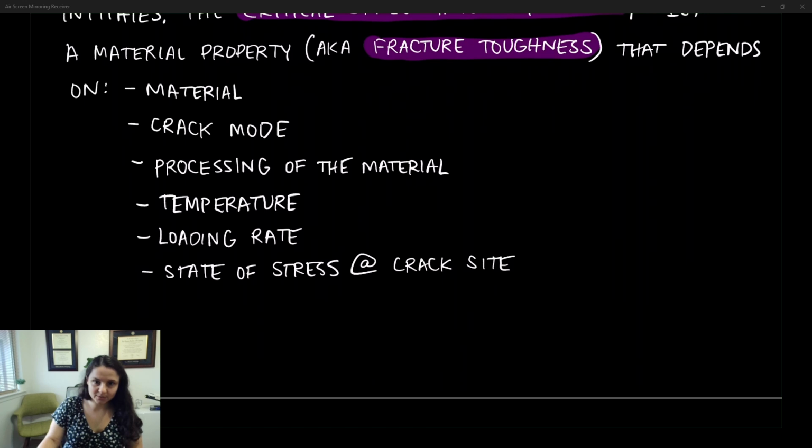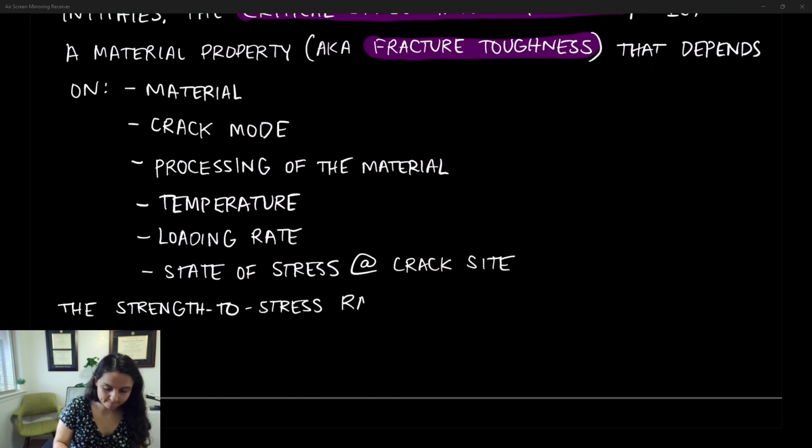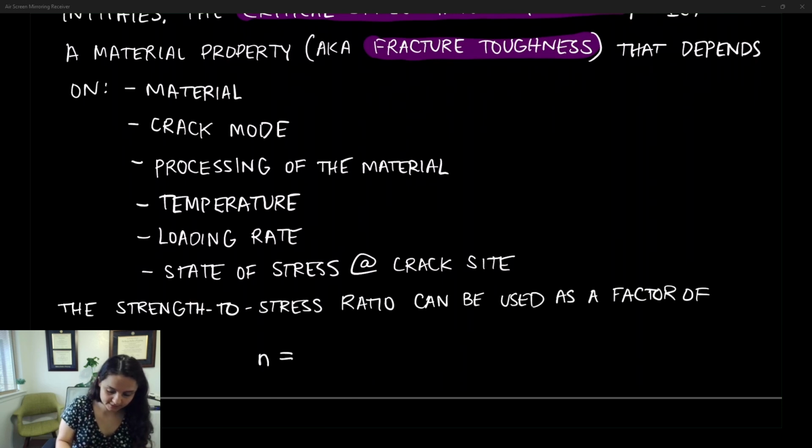Okay. So now let's say you know your fracture toughness or your critical stress intensity factor K1C, and we've analyzed our loading situation. We know K1. We can write a pretty simple factor of safety. Our factor of safety is just the ratio of our fracture toughness to our stress intensity K1.